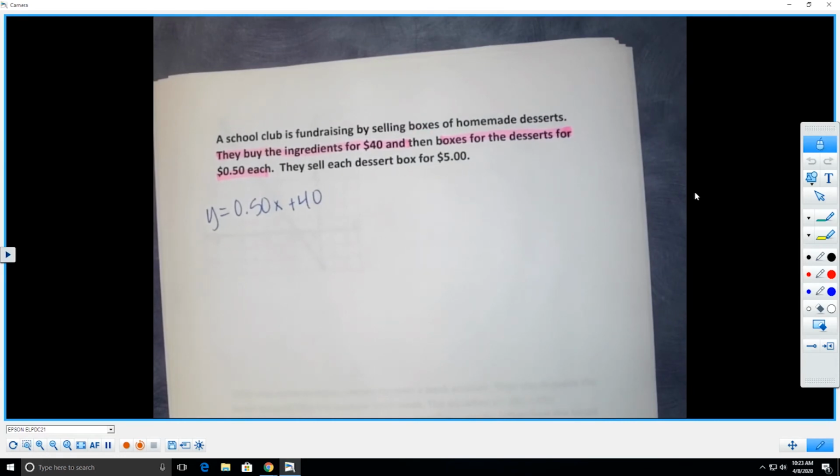Now, let's look at the equation that would model the money that they collect for the desserts, Y as a function of the number of dessert boxes they sell, X. Take a minute to think it through and write down an equation you think fits this scenario.